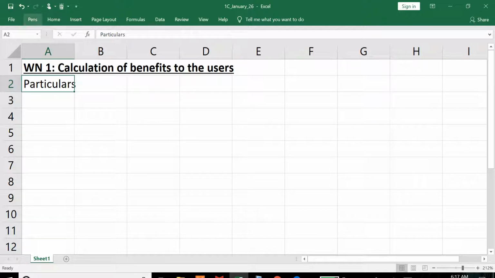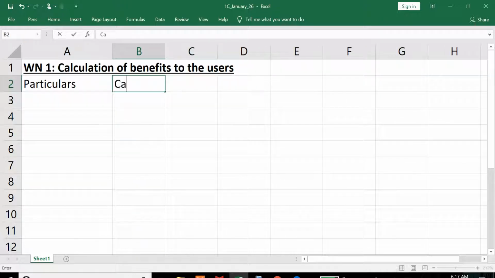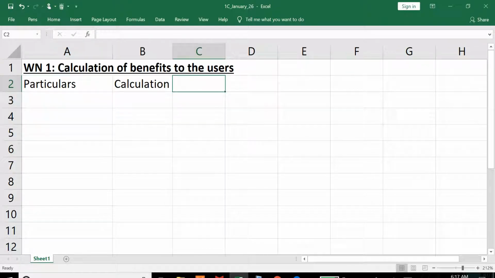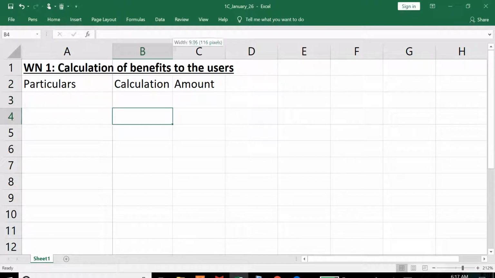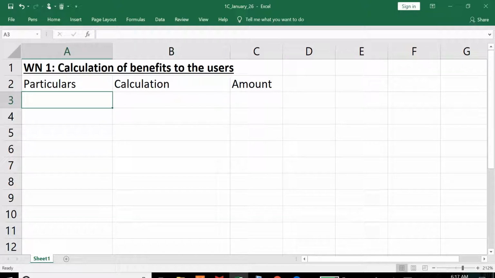Calculation would be a broader column and amount could be a narrow column.